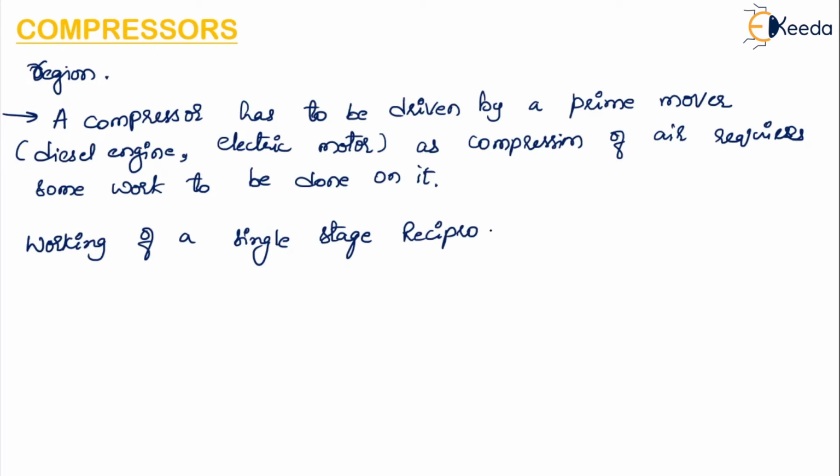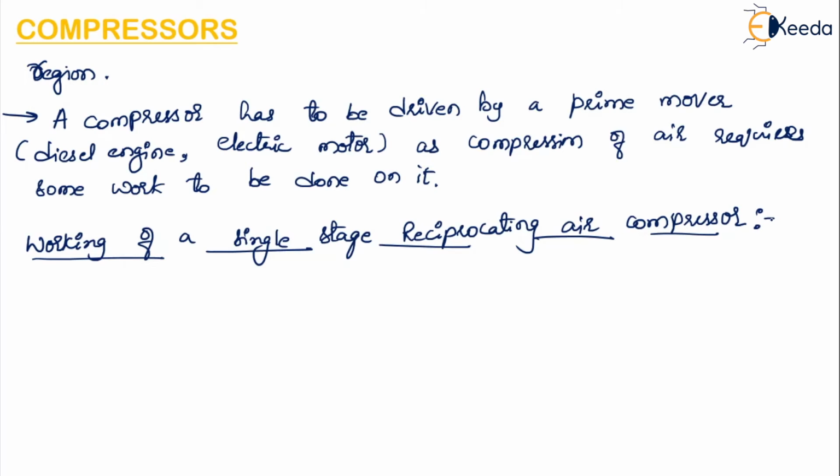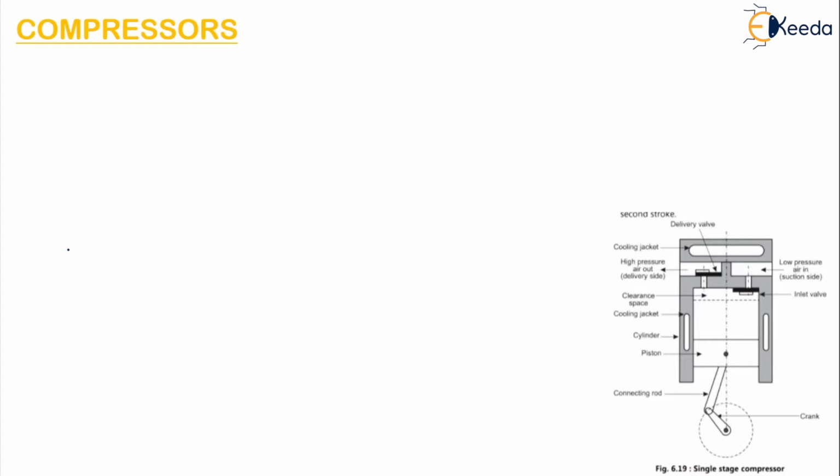A reciprocating air compressor consists of a cylinder. This is a single stage reciprocating air compressor. It consists of a cylinder which you can see here. This casing is a cylinder.